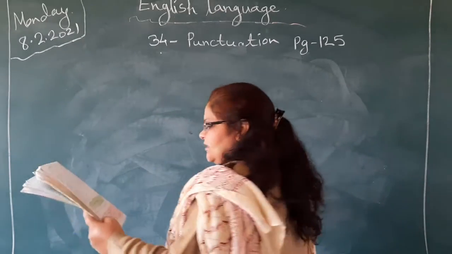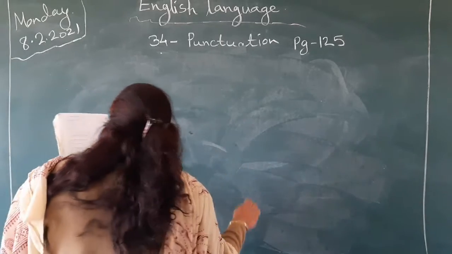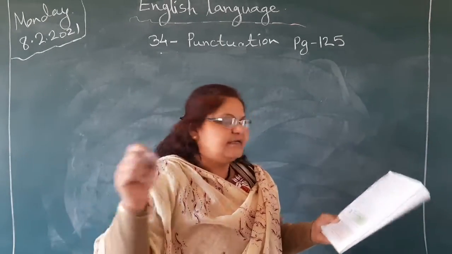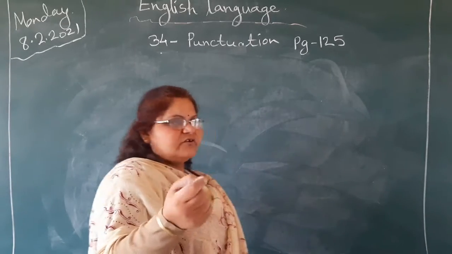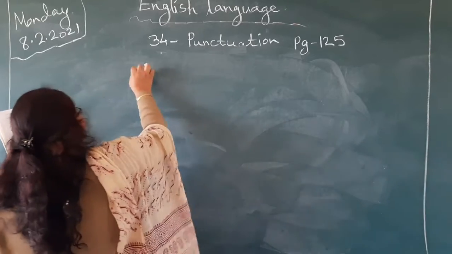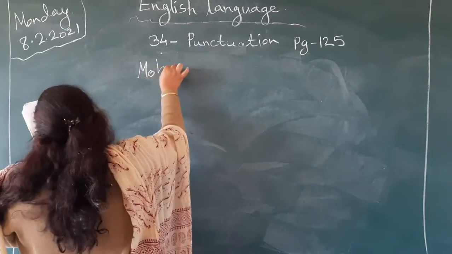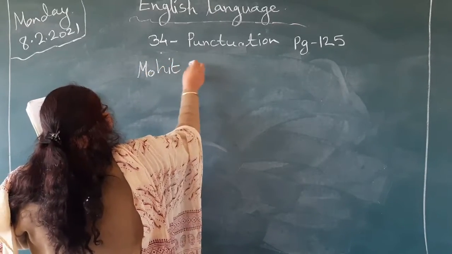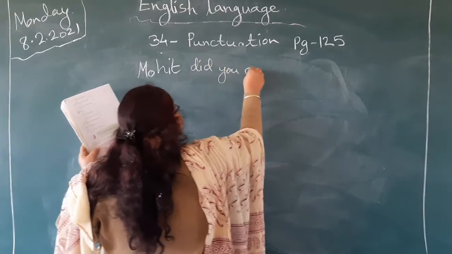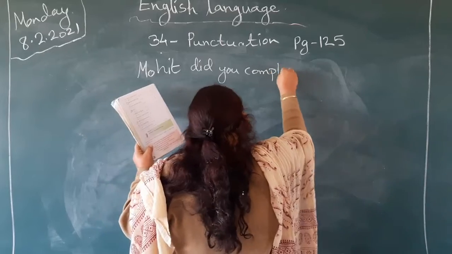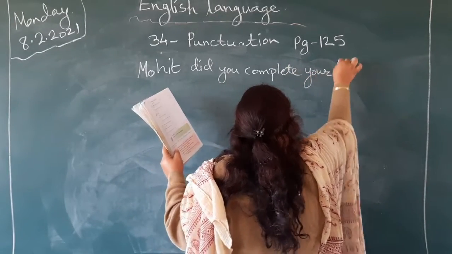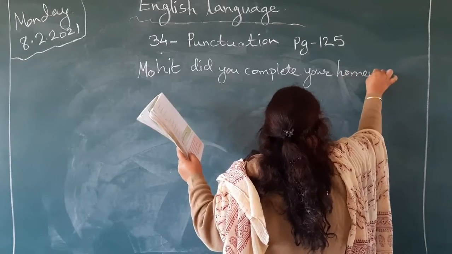Whenever the address or name is given, it makes two parts: your name and the address. At that time, we put a comma after the name and the address. Example here: Mohit, did you complete your homework?